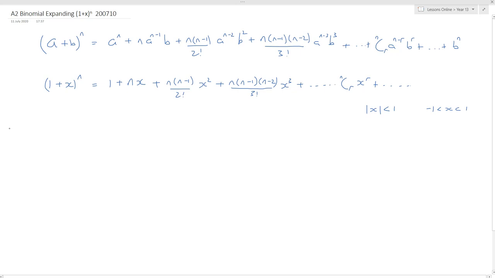So if we have a quick look at an example, I'm not going to give you a fractional index to start. I want you to try and expand this one for me: 1 plus x to the power of 4. Just so that we can remember how to expand simple terms. So if we use the expansion we've got above, all that's changed is n has now become 4.